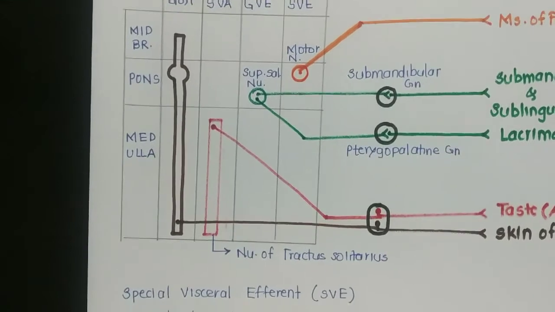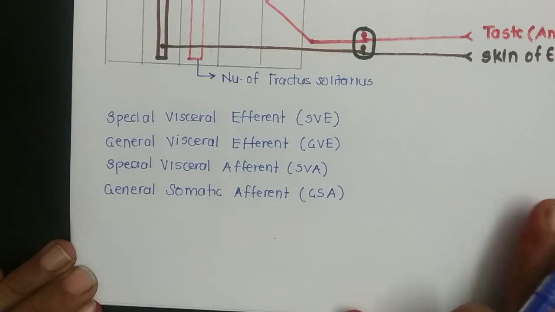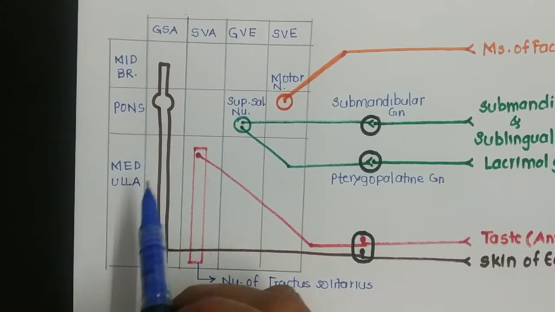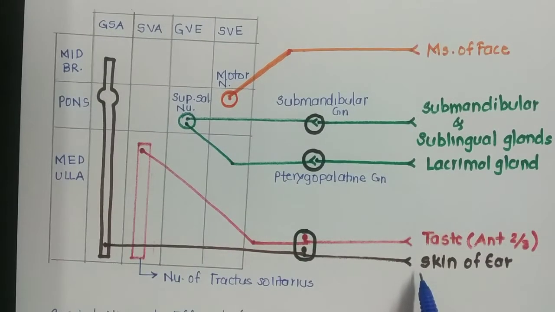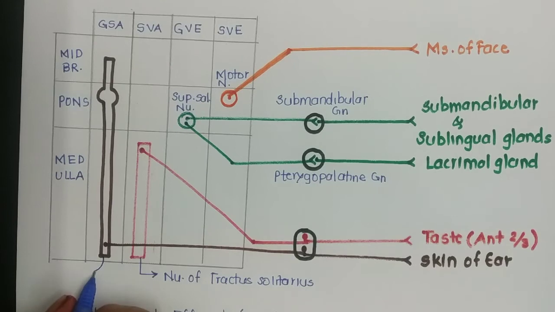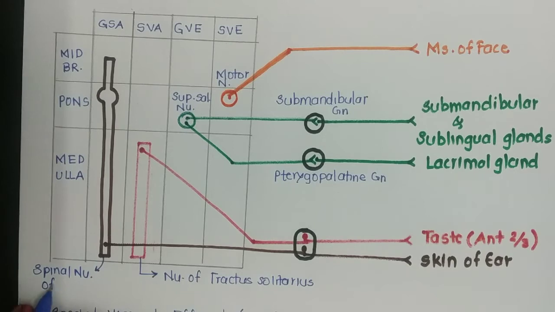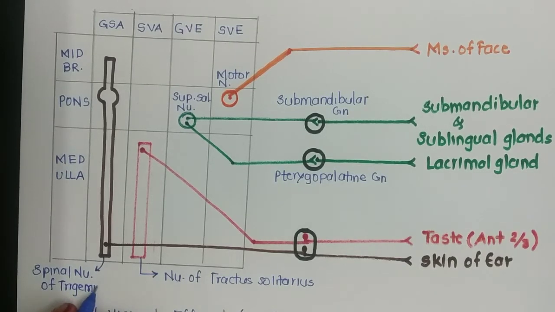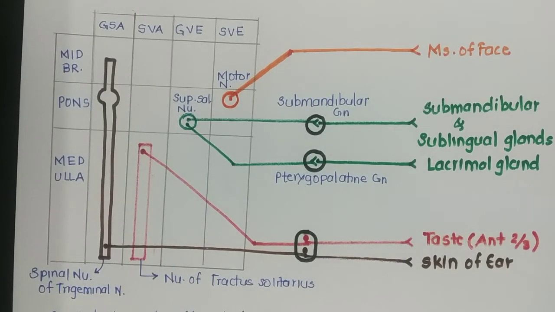Now this GSA is responsible for innervating the skin of ear and the central process terminates in the spinal nucleus of trigeminal nerve. So these are the four functional components and the nuclei of facial nerve.